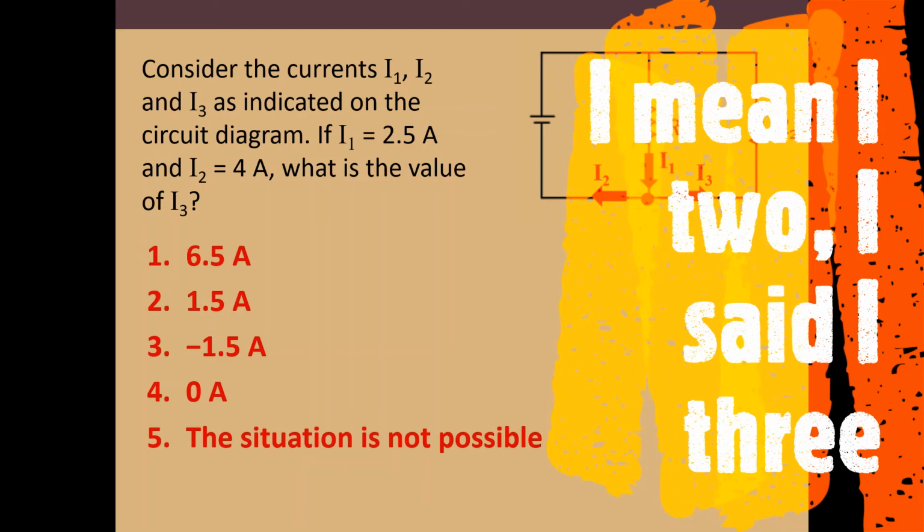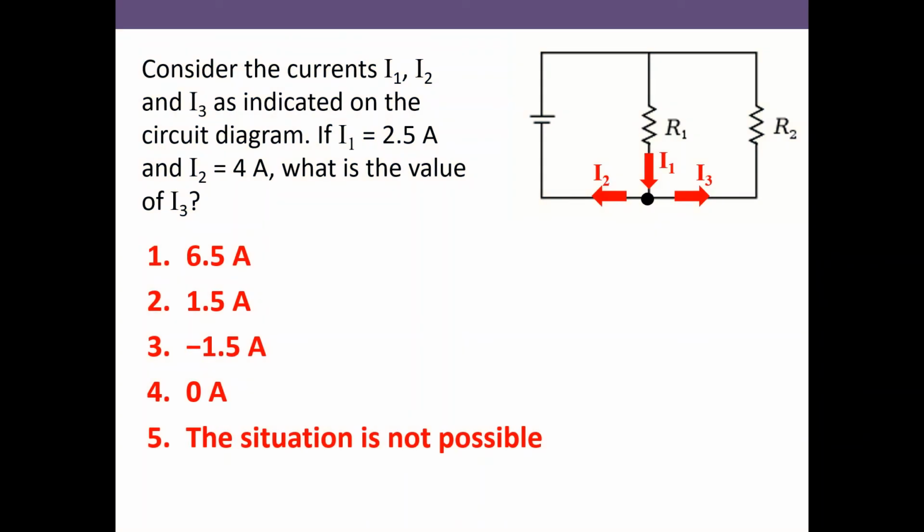So that implies that I3 must be in the negative direction. Now, in reality, the situation is not possible, but mathematically it would be worked out already. So I3 should be pointing in the opposite direction. So mathematically, the answer is 3, but the situation isn't really possible, but mathematically the answer is 3.